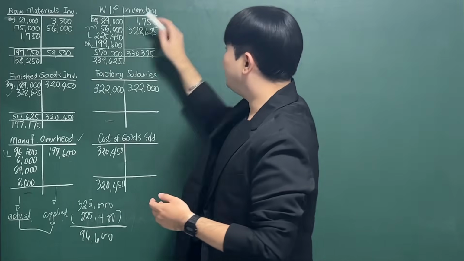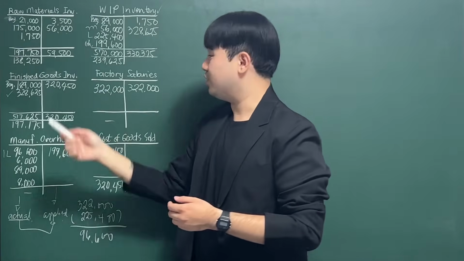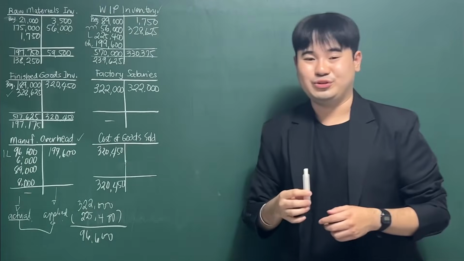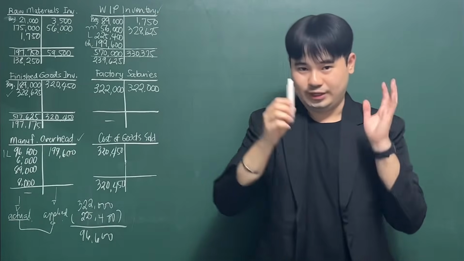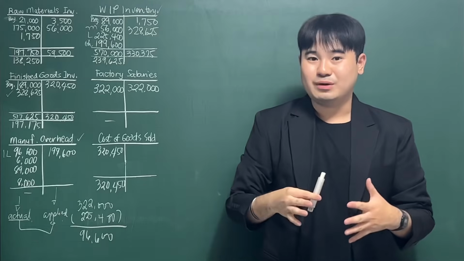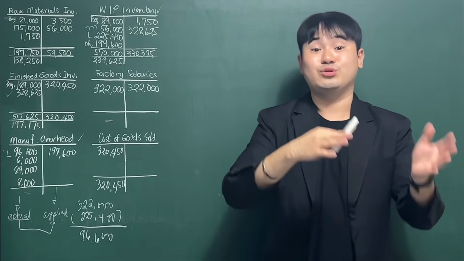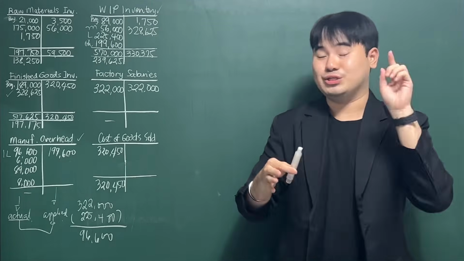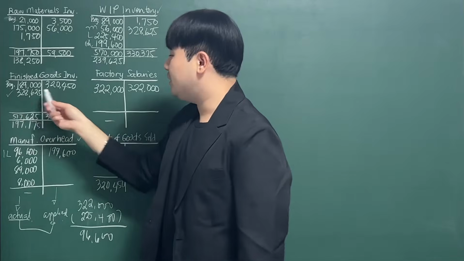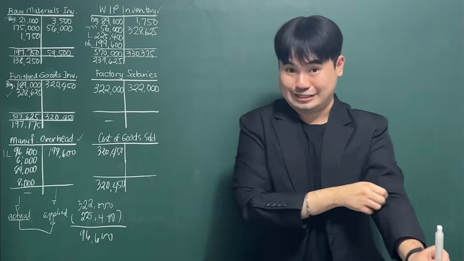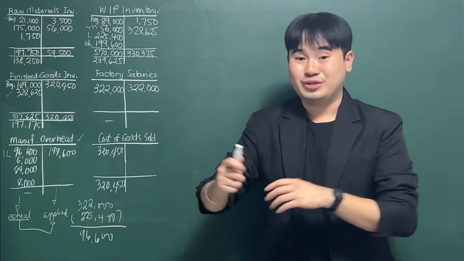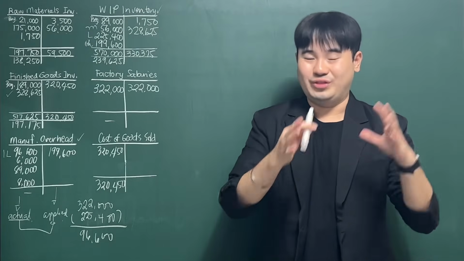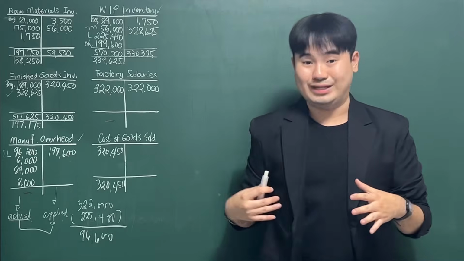Okay. Now that we're done with your work in process inventory, let's now talk about your finished goods inventory. Debits in your finished goods inventory include all of the amounts from the production process that were already completed during that time. So as you can see here, we have already completed 328,625. Now, credits to your finished goods inventory is the amount of the cost of the inventory that was already sold.